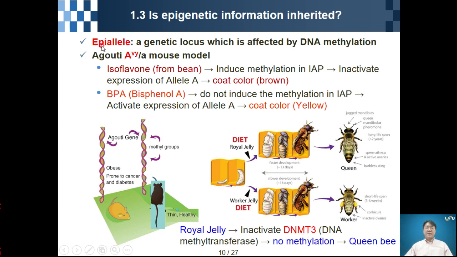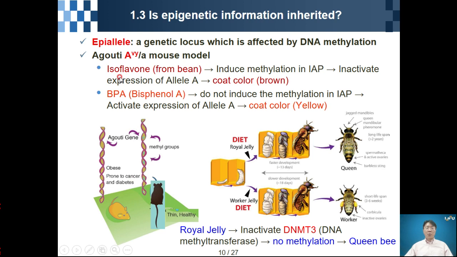So this large A VY is an epiallele affected by DNA methylation. In these cases, they use the agouti large A VY and small a mouse model.